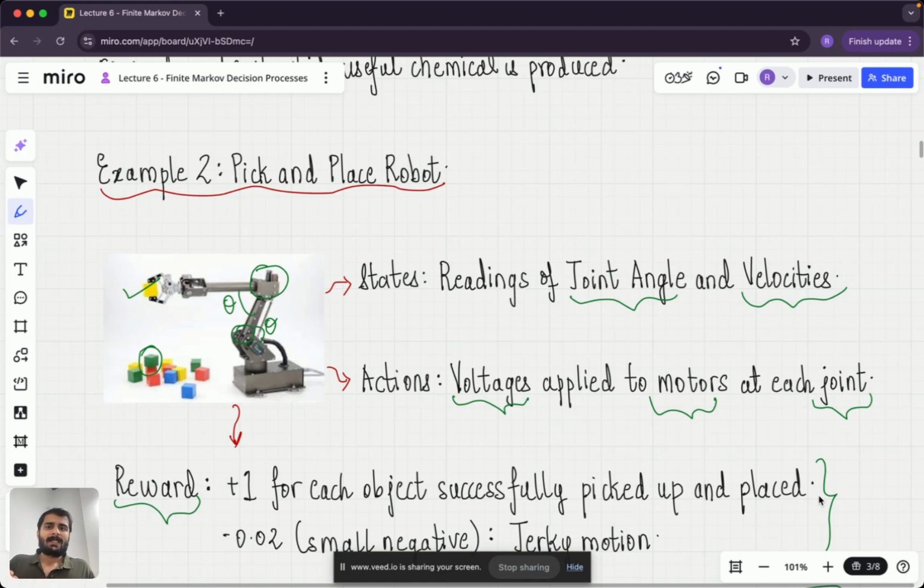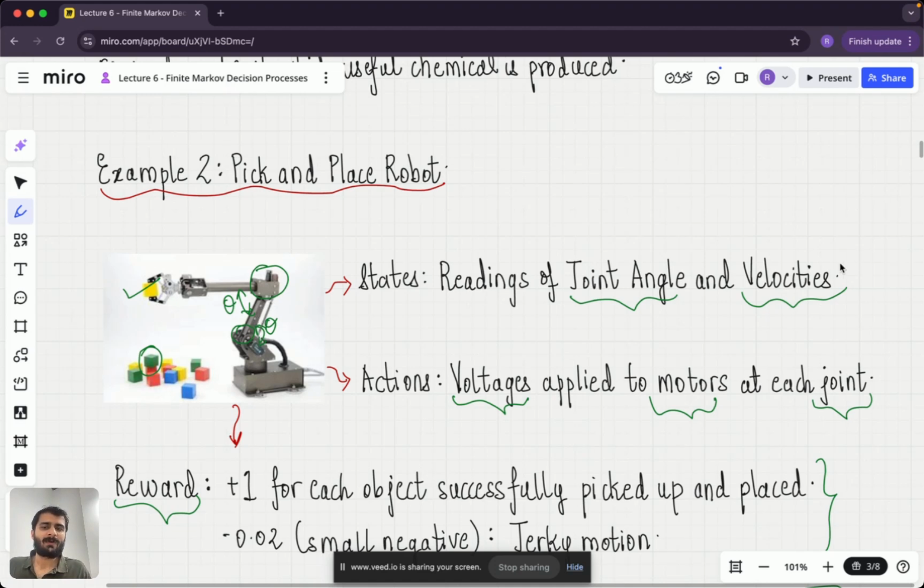Now, what are the states and actions in this case? The states are the readings of the joint angles and the joint velocities, which means that what is this angle, what is this angle, and how fast are both these angles moving. Once I have this information, I'm saying that that is all I need in order to predict the dynamics of the pick and place robot.